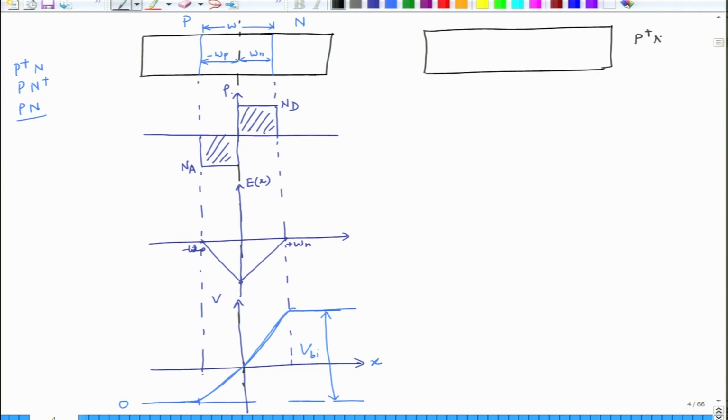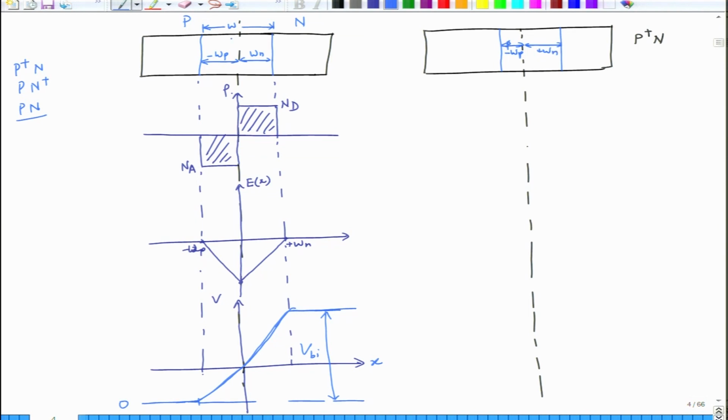Now if you do a comparison with another semiconductor junction, let us say P plus N in this case. This is the interface. What will happen in this case is your depletion region will shrink on this side, and it will remain wide on this side. So this will be minus Wp, this would be plus Wn.